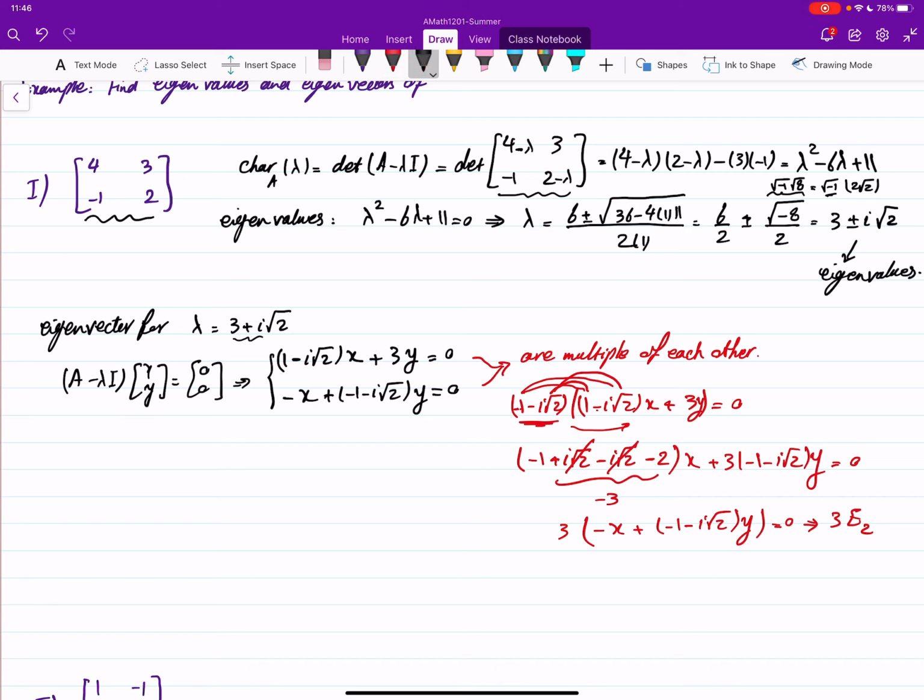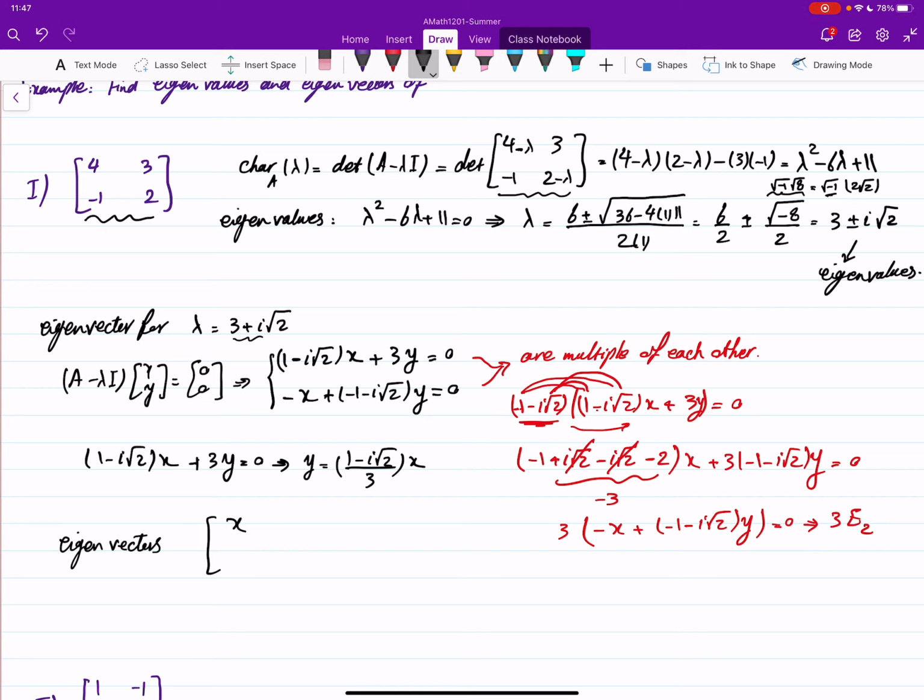So that means that I can go ahead and use one of these and find the relation between the components of eigenvectors. So this will be y is equal to (1 minus i root 2) divided by 3 of x. So eigenvectors are going to be... okay, sorry.